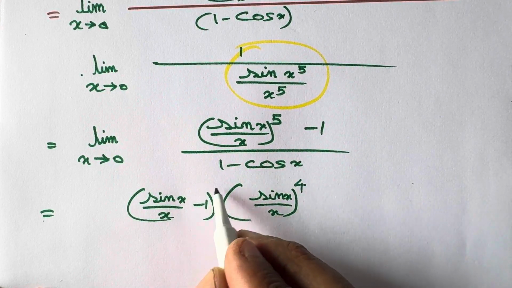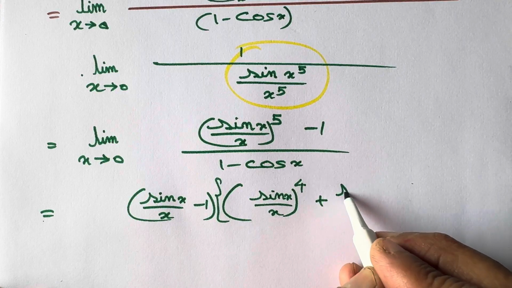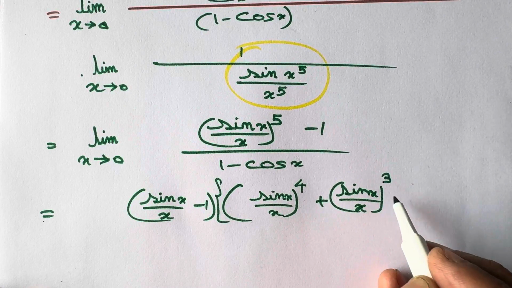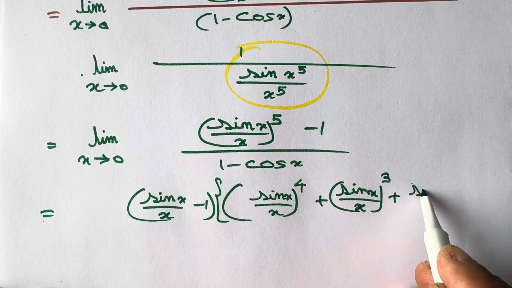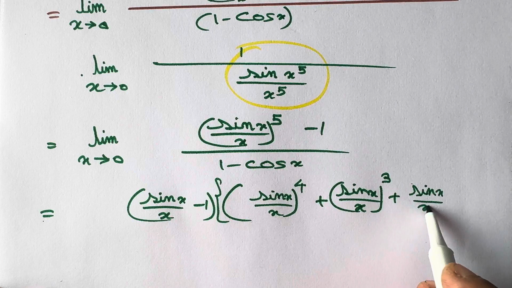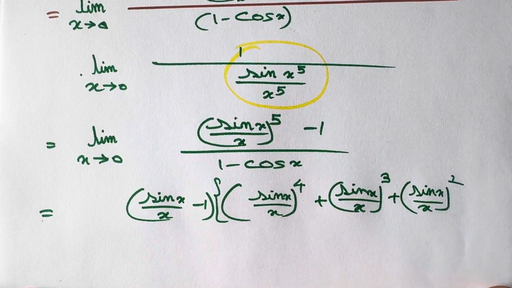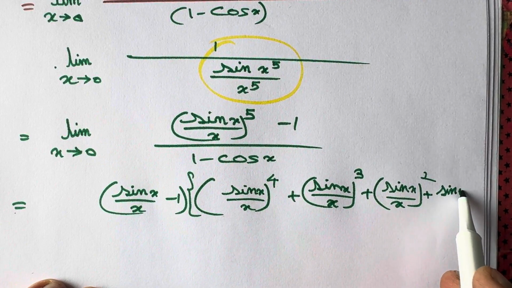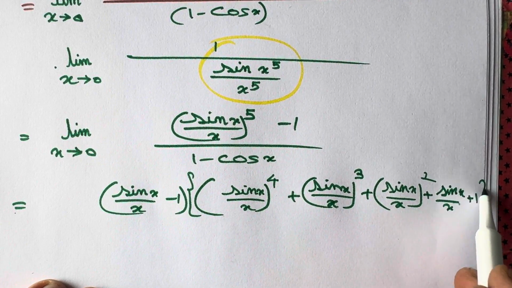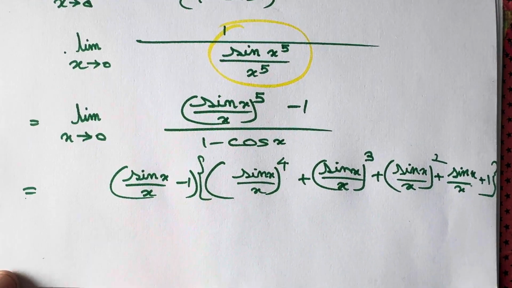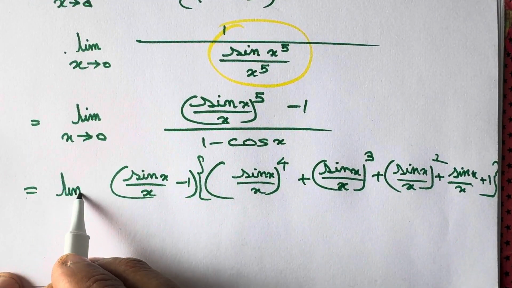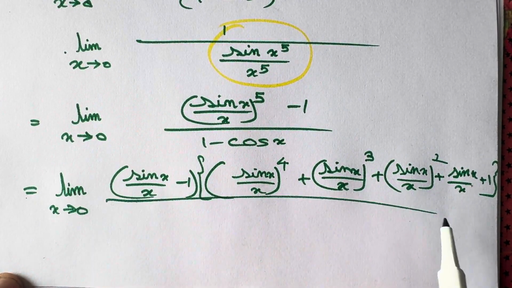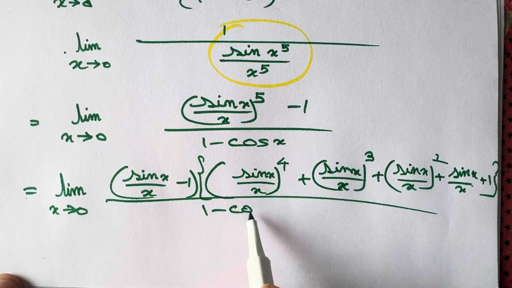Nice. We copy the limit as it is, the denominator 1 minus cos x copied.